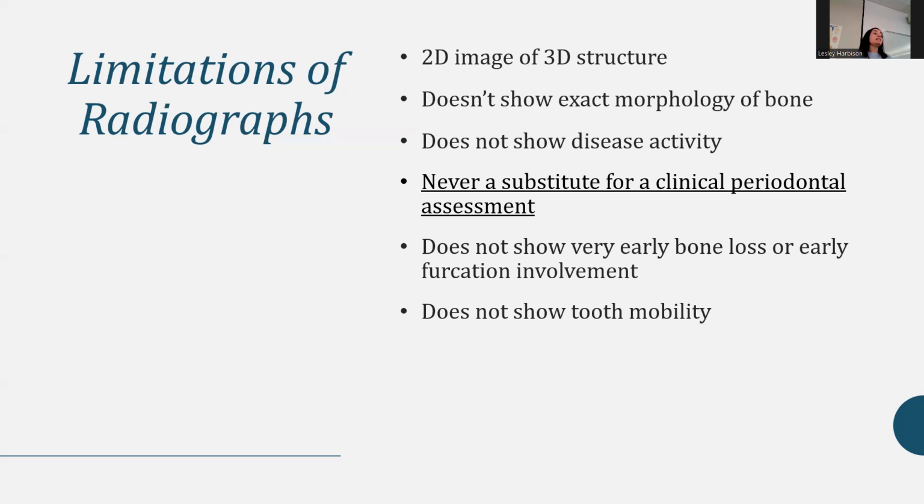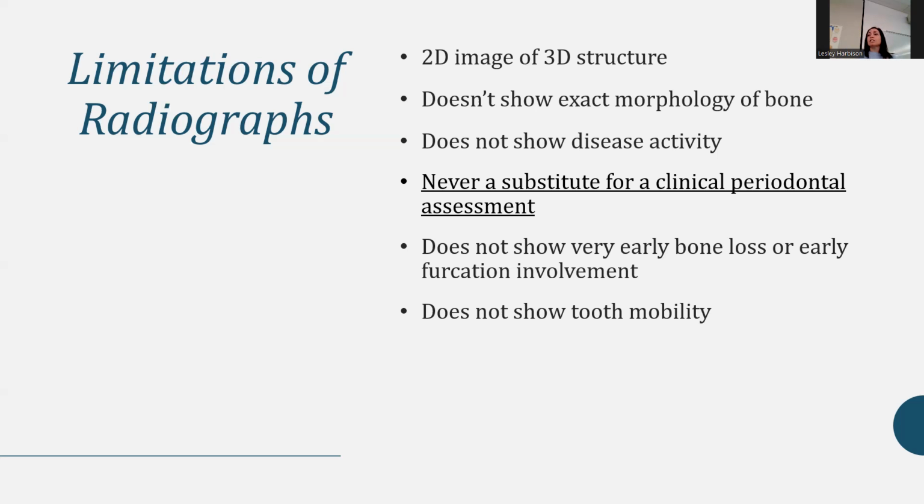It doesn't show disease activity. You're just looking at a snapshot in time. So you have somebody come in and sit down in your chair and you see bone loss radiographically. Well, it might not be active. They might not be actively losing bone, but you can tell, like a scar, that they lost bone at some point anyways.